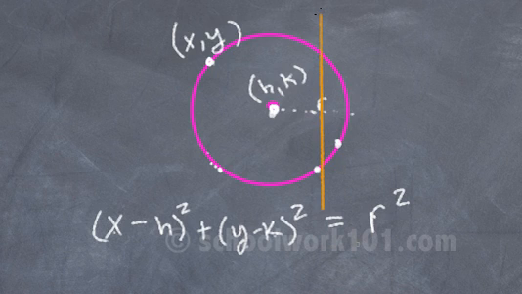So if you want to describe this circle as a function, you're going to need to solve for, let's say, y in this particular problem. And we're going to end up getting two separate functions, and one is going to represent the top of this curve, and the other one would represent the bottom of the curve.